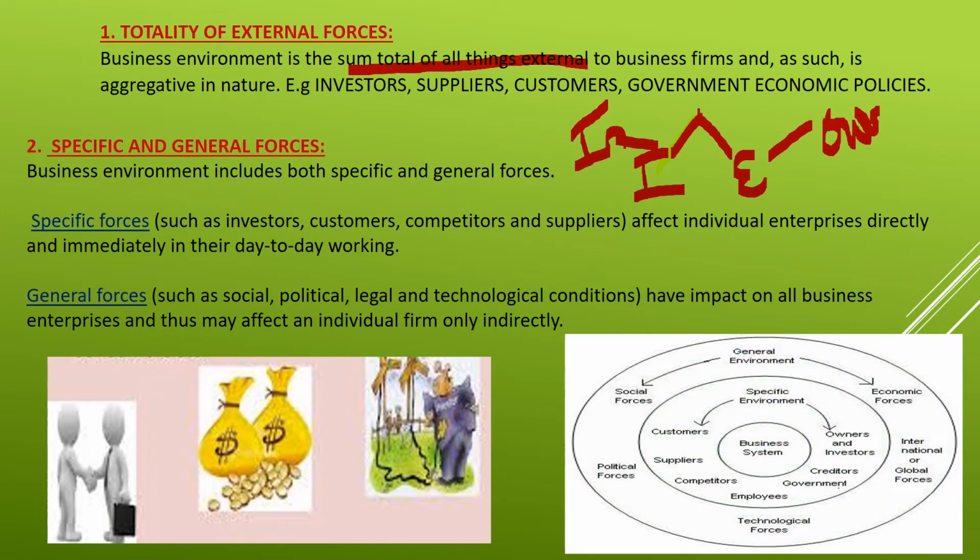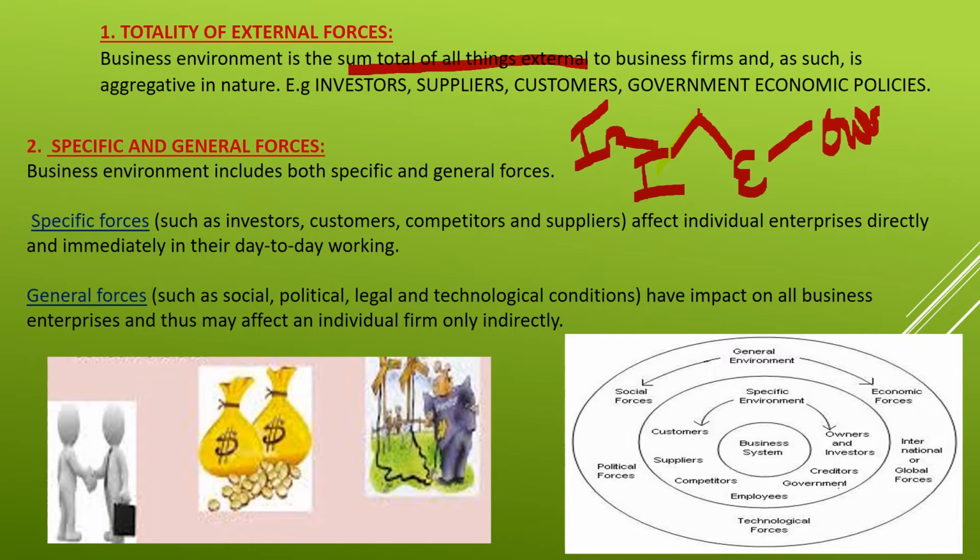The second one refers to specific and general forces. Now, what exactly are specific forces and what exactly are general forces? Specific refers to when you're manufacturing products, you are ensuring that they meet the investors and the customers, and that they give tough competition.